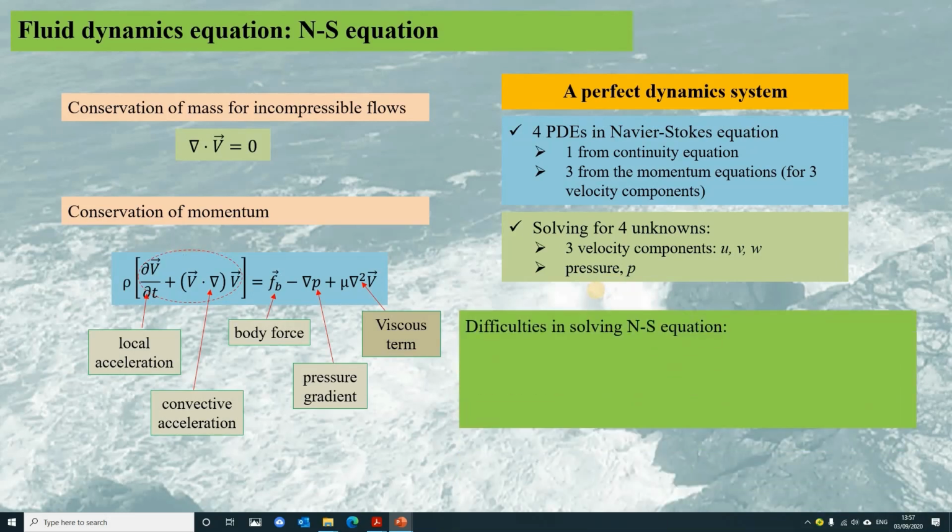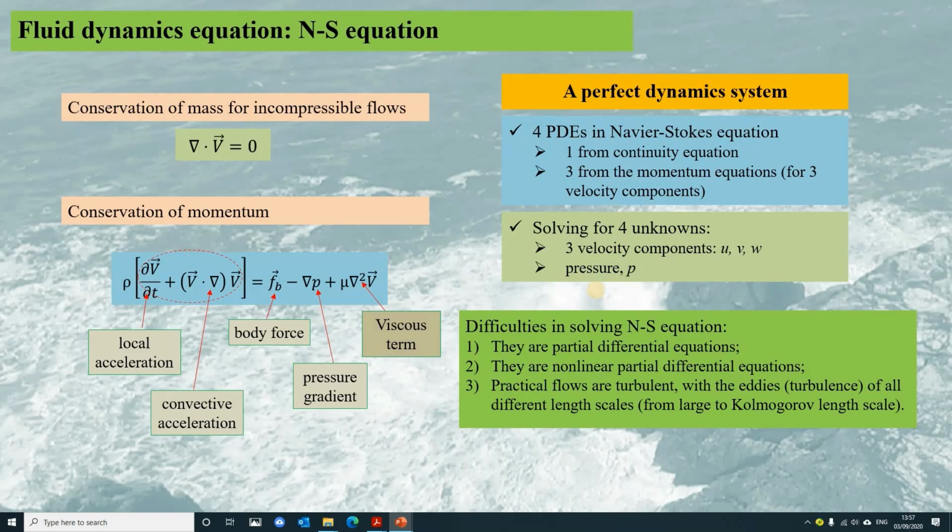However, solving the Navier-Stokes equation proves to be very difficult, if not impossible, because they are nonlinear partial differential equations.